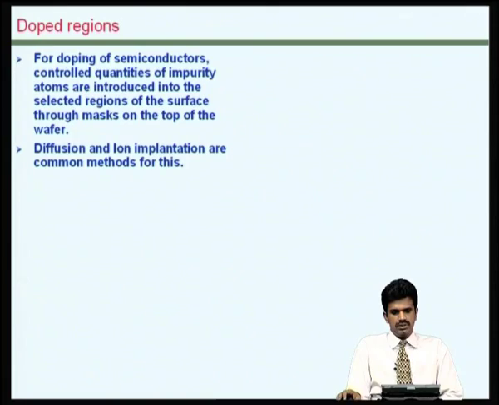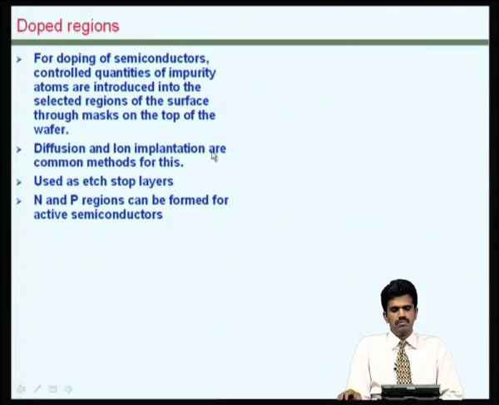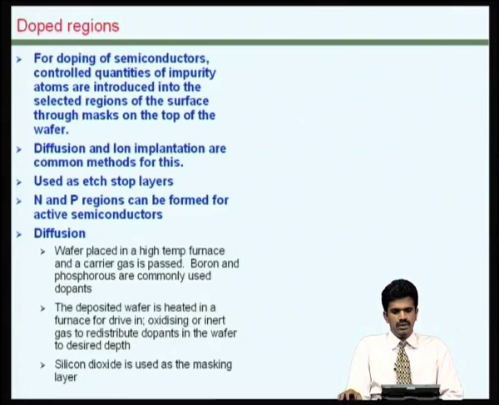One of the approaches is based on what is known as diffusion. In diffusion, as in ion implantation, what is done is that we introduce N and P type materials onto the semiconductor. In diffusion, the wafer is placed in a high temperature furnace and a carrier gas is used, which is usually nitrogen, to transport the boron or phosphorus from the respective source material onto the surface of the wafer.